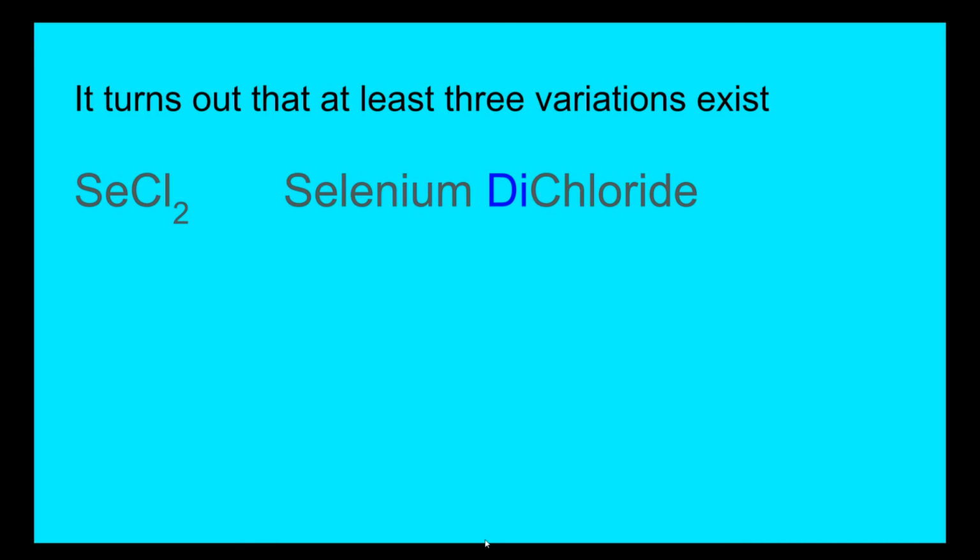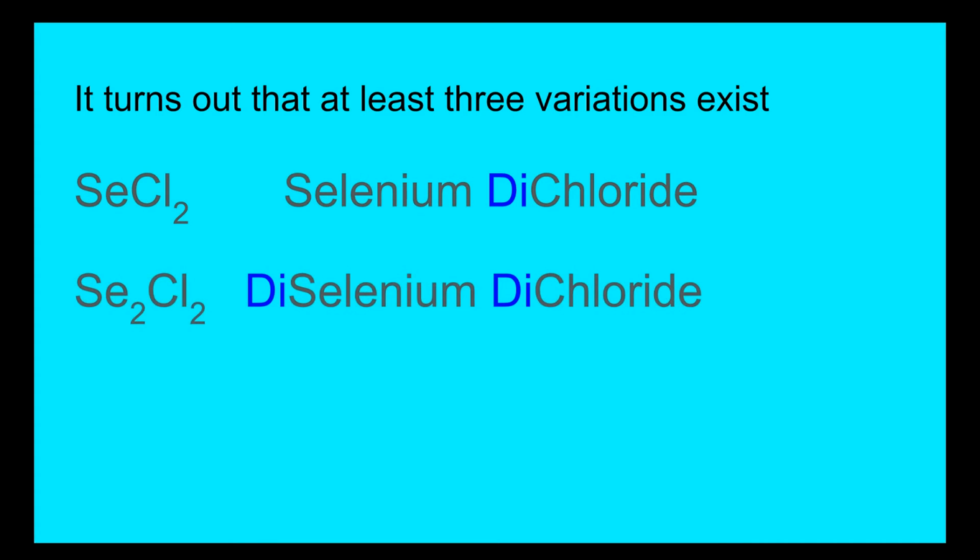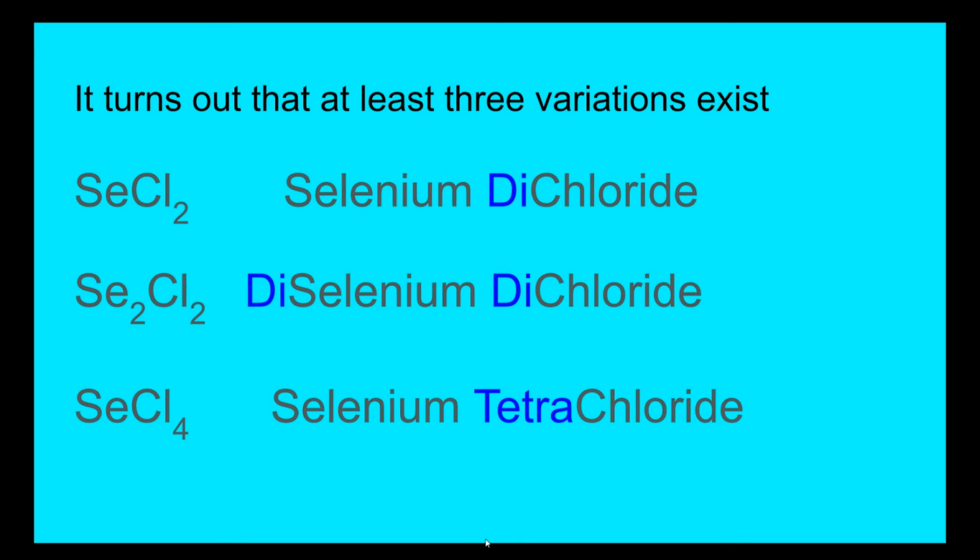I found selenium dichloride, and I found diselenium dichloride, and I even found selenium tetrachloride. How am I going to figure out this? If you look at these, you'll discover that you can only make a Lewis dot for one of these things. It's just not going to work. You can do this first one, but you'll never figure out this one with grade 9.